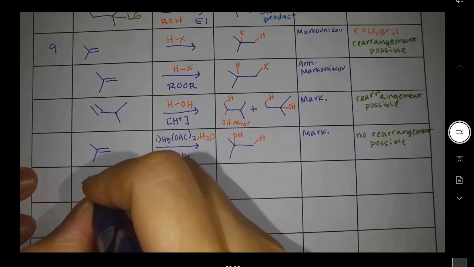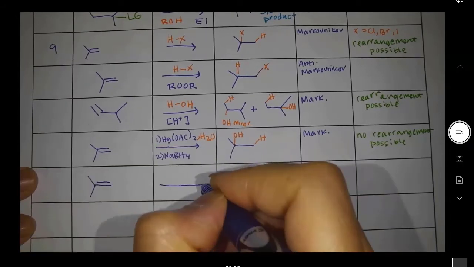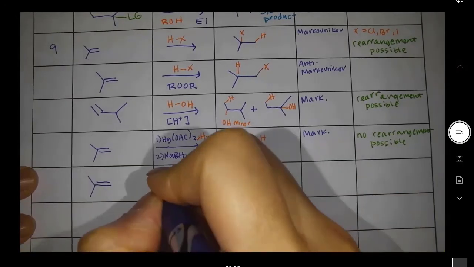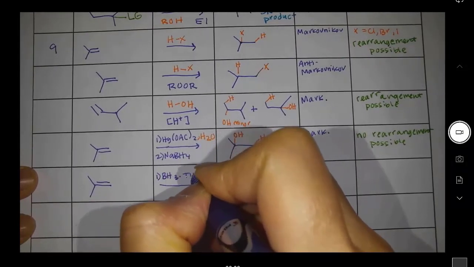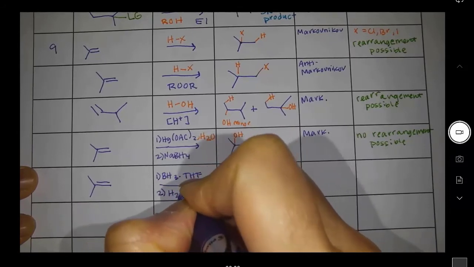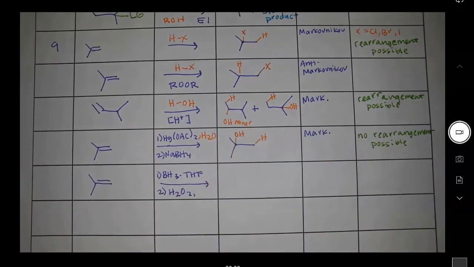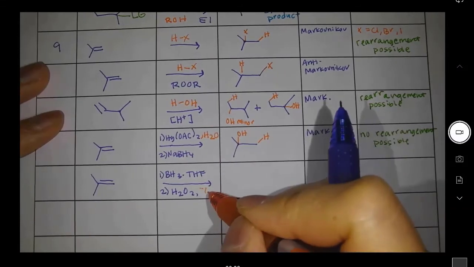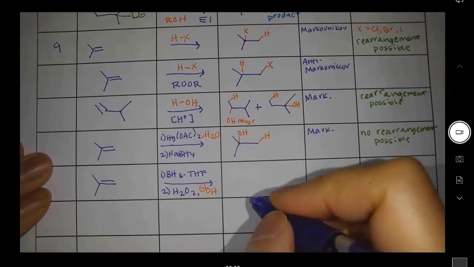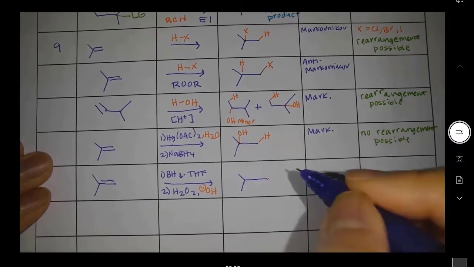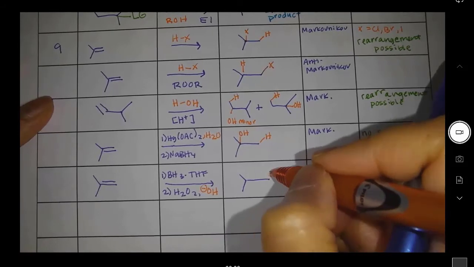If you want to put an alcohol on a primary carbon, we do a hydroboration. And the OH minus that is added in the second step, so usually sodium hydroxide is the source of the alcohol. And these add syn to each other.